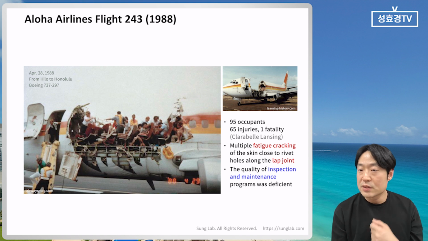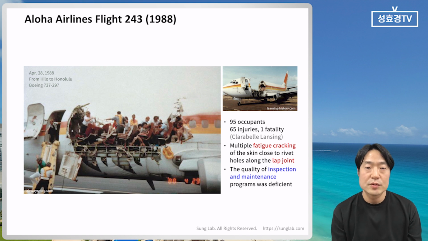The flight departed from Hilo to Honolulu. It was really a short trip. It departed, flew a short time, and then arrived.